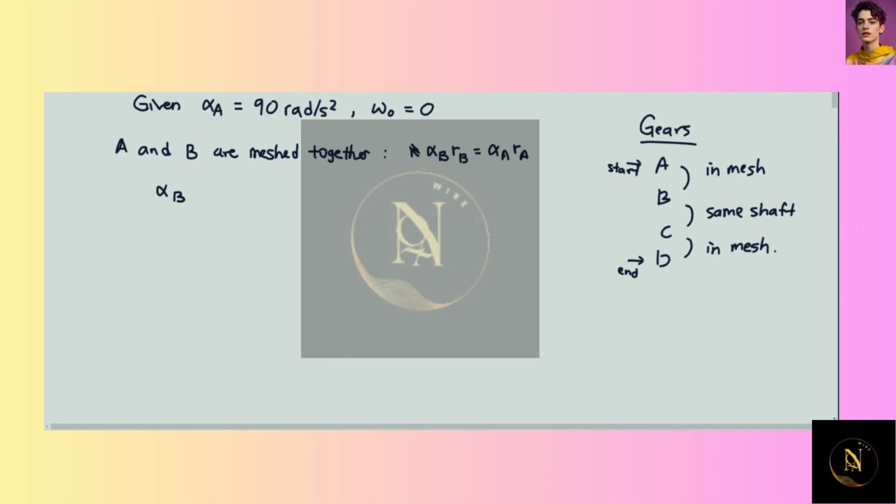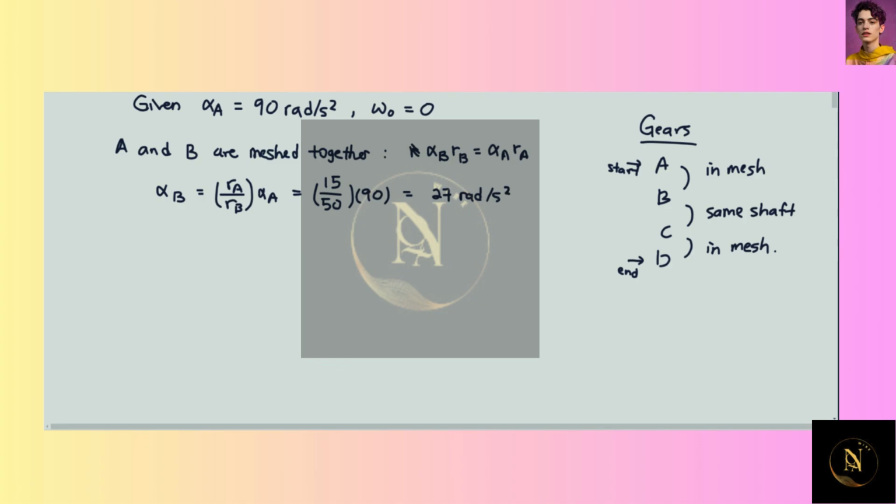Alpha B will be RA divided by RB times alpha A. Given that the radius of gear A is 15 mm, gear B is 50 mm, and alpha A is 90, we find that alpha B is 27 radians per second square.